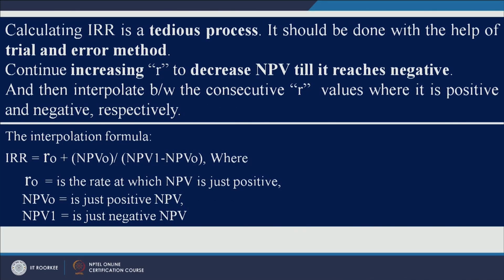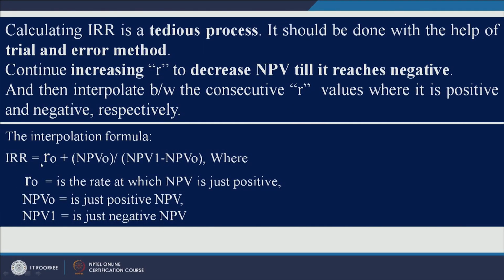So, let us calculate IRR. You have got a value of R where NPV is positive and a value of R where NPV is negative. Once you have got these two values, you need to do something called interpolation between these two consecutive values of R, and this is the formula for interpolation.